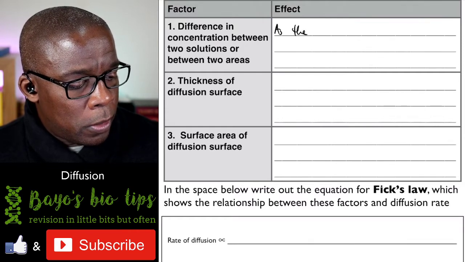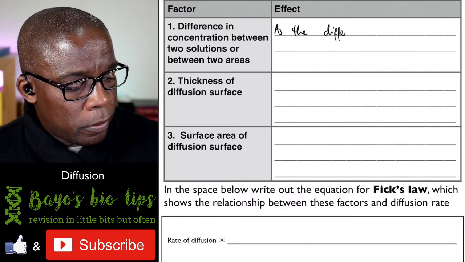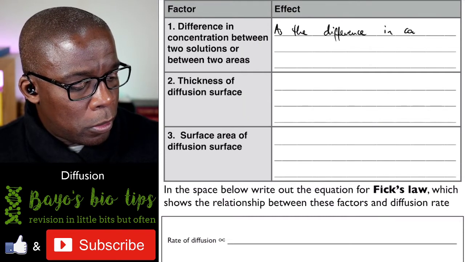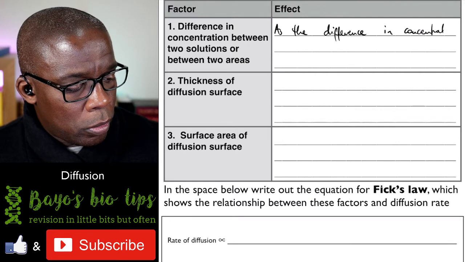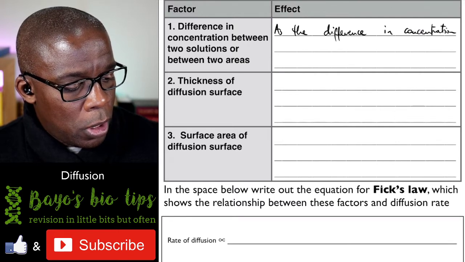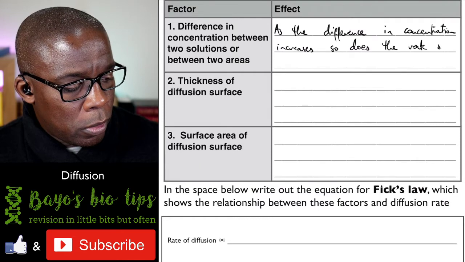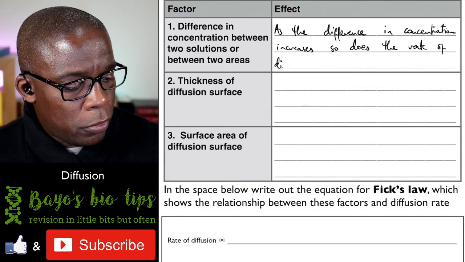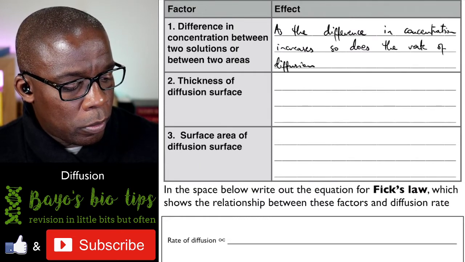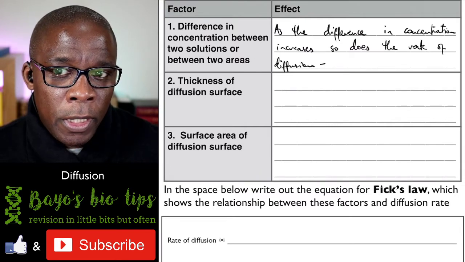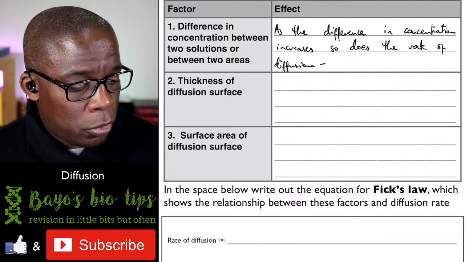As the difference in concentration increases, so does the rate of diffusion. And that would be described as being directly proportional.